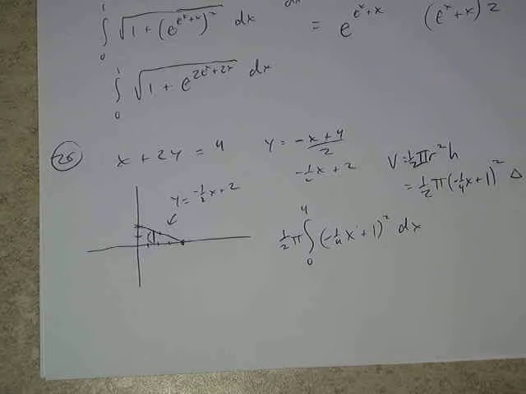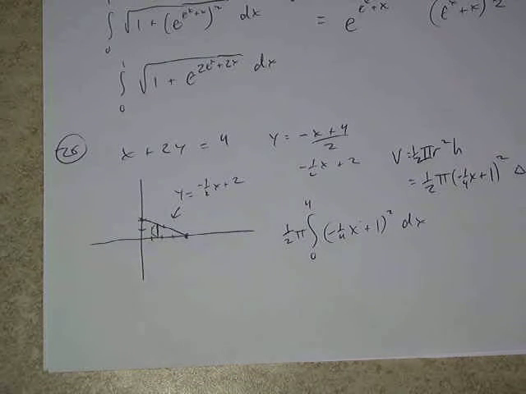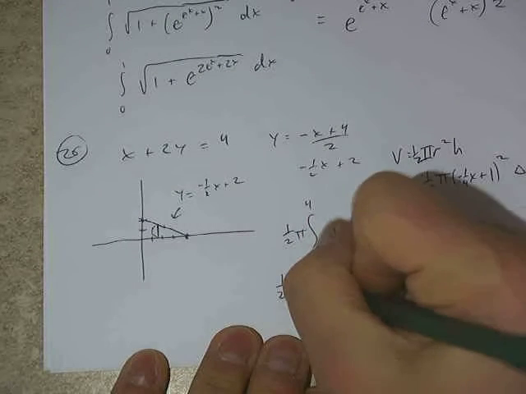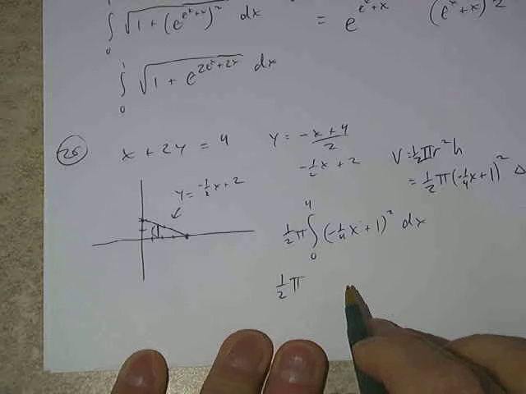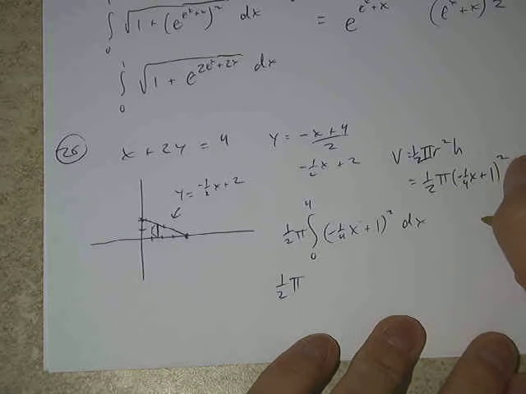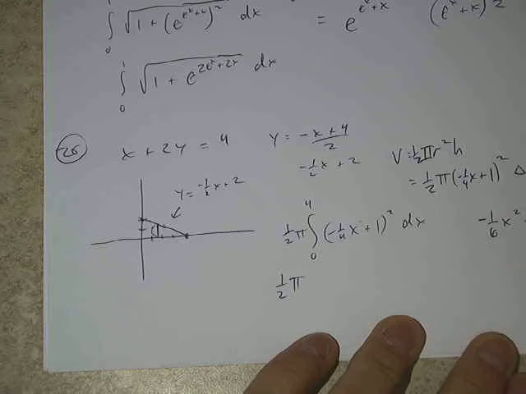Once we have that, we just have an integral that we need to calculate, and it's a power function. So I'd expand that integrand and just use the power rule. That would come up with the right answer here. If we expand that, we're going to get negative 1/16 x squared minus a half x plus 1.